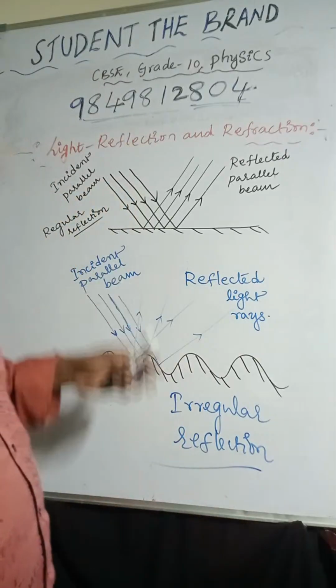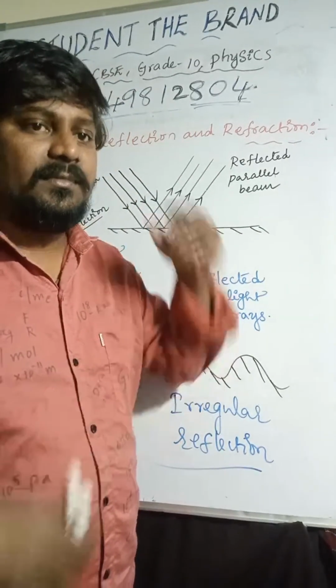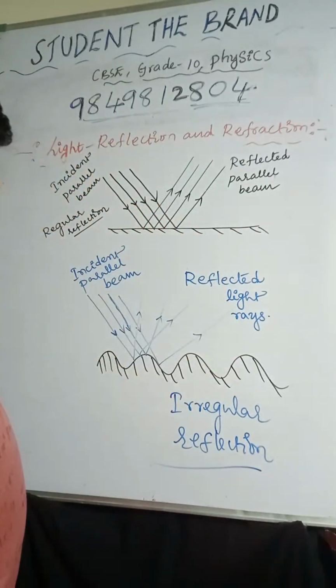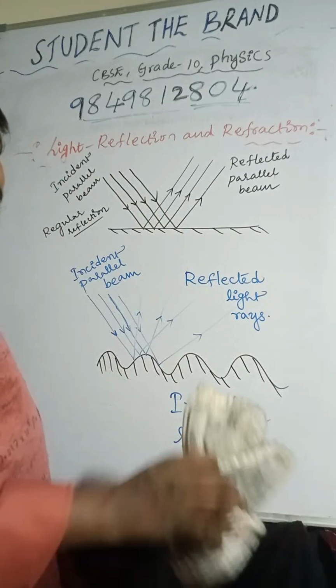Okay. So regular reflection and irregular reflection. Now we will discuss the nature of the image formed by the plane mirror.